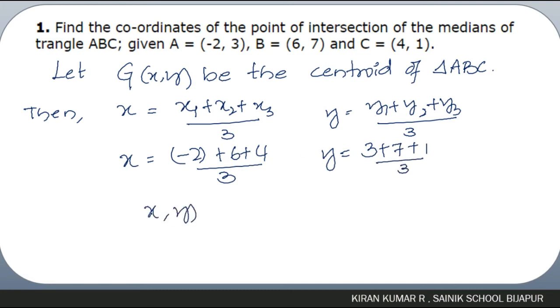Therefore, x comma y is given by 8 by 3 comma 11 by 3. Thus, the point of intersection of the medians will be having the coordinates 8 by 3 comma 11 by 3.